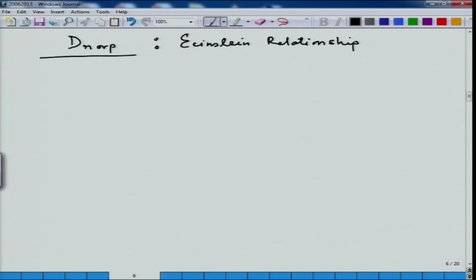To derive this, let us take an example of a semiconductor, an n type semiconductor having a donor concentration which is something like this. Basically this is non-uniform doping.